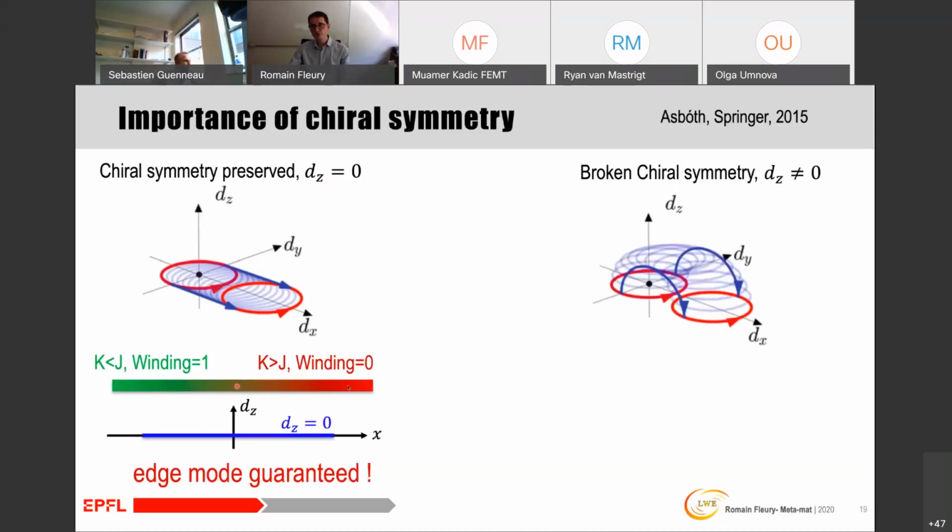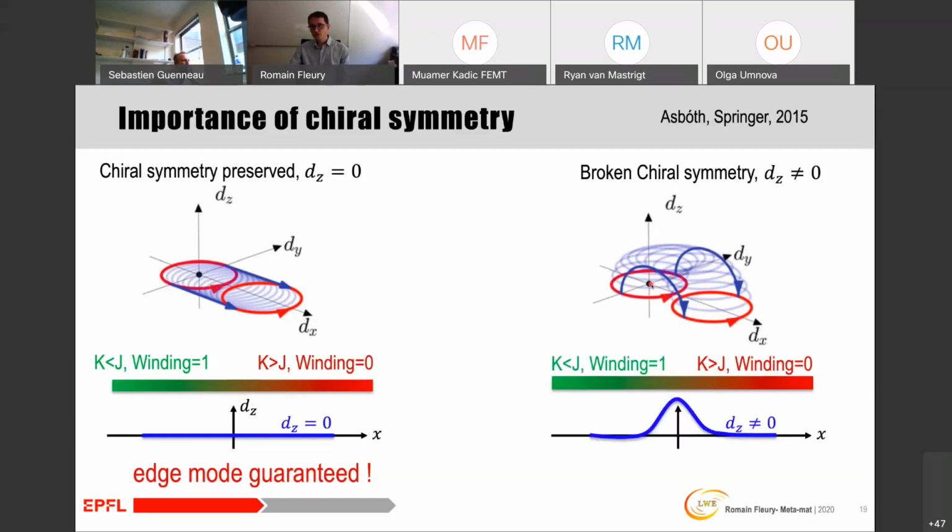However, when I have broken chiral symmetry, dz can be non-zero. So I can go from a winding number equal to 1 to a winding number equal to 0 by just lifting that circle. And then if I lift that circle, I don't need to cross this point anymore. So I don't need to close the band gap.